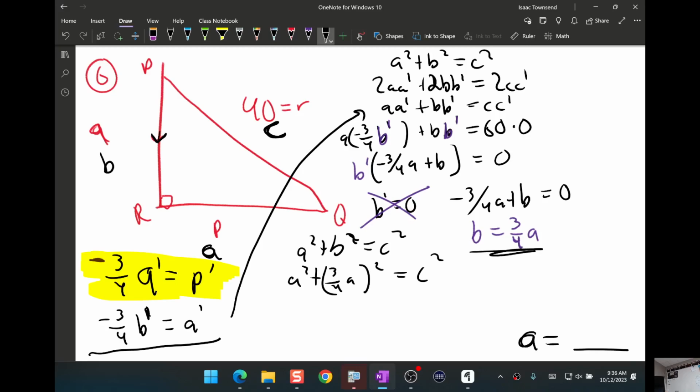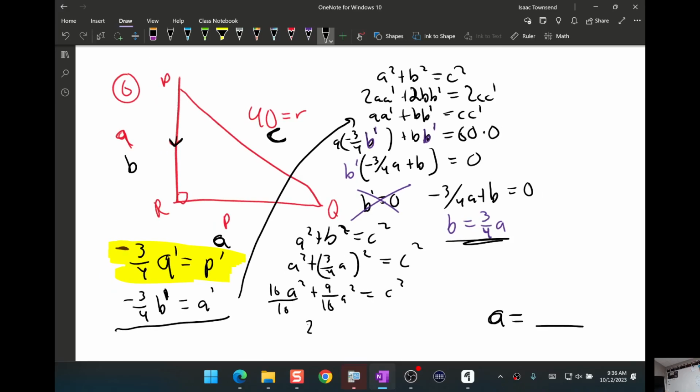I've got 1a² plus 9/16 a². So if you get a common denominator here, this is like 25/16 a². And I've really known the length of C the whole time. That's the ladder, not C prime, but C.